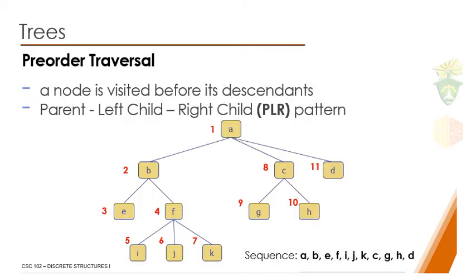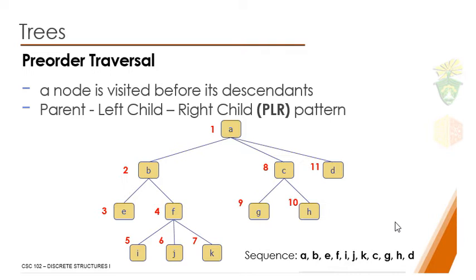We start with the pre-order traversal. In pre-order traversal, a node is visited before its descendants. It takes the parent, left child, right child pattern. Given the tree, the numbers indicated represent the order of visit using the pre-order method.